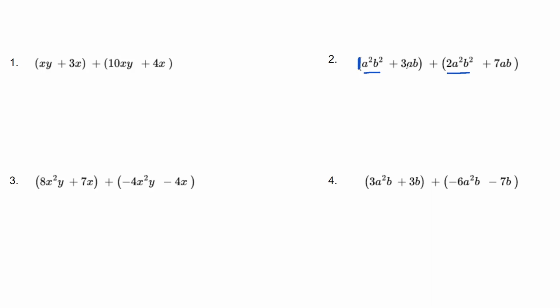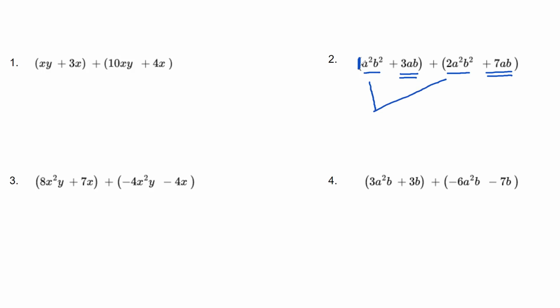Let's continue. Here's an ab. Do we have another ab? We sure do. So this is plus 3ab. This is plus 7ab. So I'm going to use that technique where I kind of draw lines to connect these.